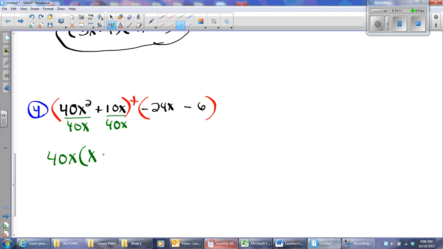And, oh, silly me, look at that. I said the GCF of 40 and 10 was 40. Absolutely not. I apologize. Going a little too quick here. It's going to be 10x, of course. 10x. Sorry about that. Okay, so I'm going to pull out a 10x, and I'm going to be left with a 4x plus a 1.